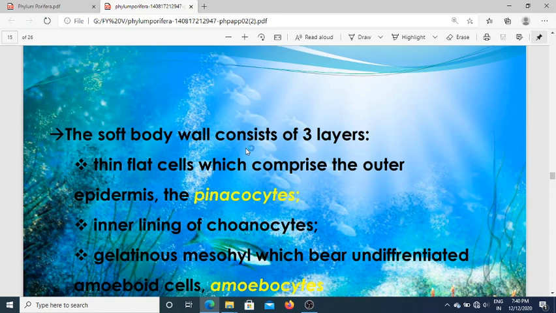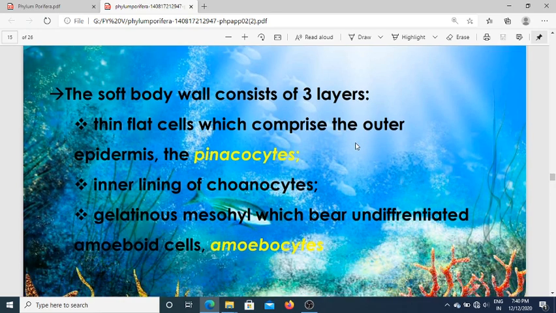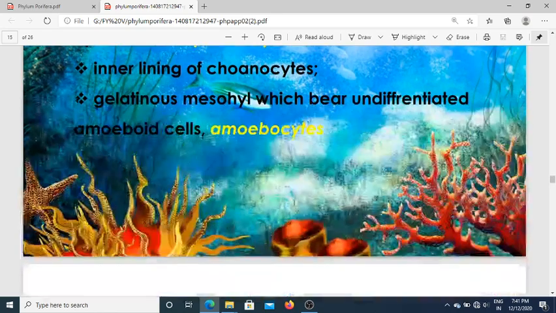The soft body wall consists of three layers: thin flat cells, the pinacocytes, which comprise the outer epidermis; the inner lining of choanocytes; and the gelatinous mesohyl, which bears undifferentiated amoeboid cells, the amoebocytes.